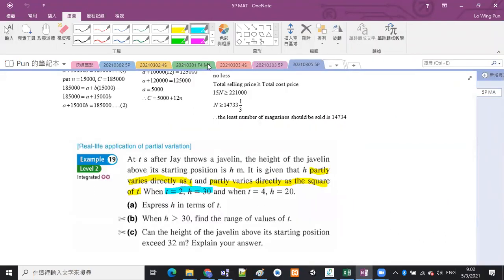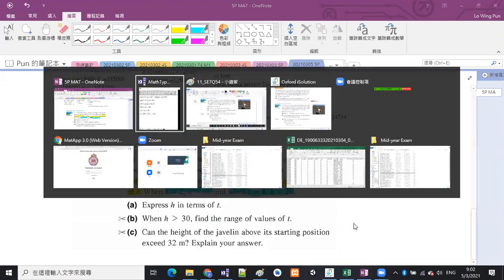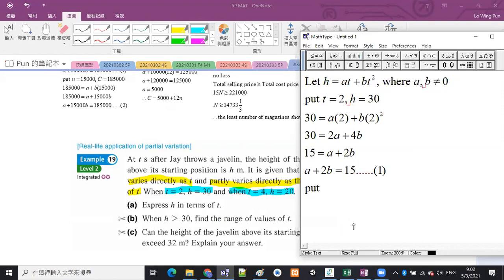Okay? And then for the second information is when t is equal to 4 and h is equal to 20. So we just put t equals 4 and h equals 20 into our equation. So 20 is equal to a times 4 plus b times 4 squared. And then simplifying each term, 4a plus 16b.